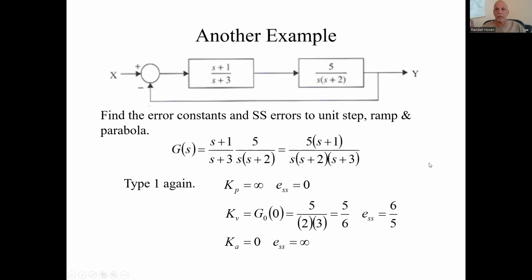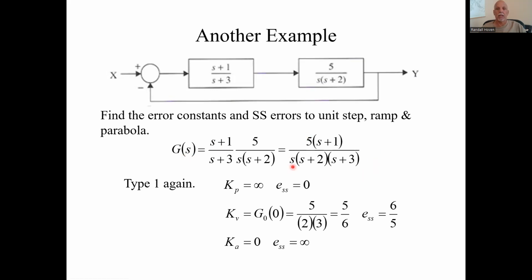Do this, and then we'll do another video after this. Okay, let's see. Here's the block diagram. It is unity feedback configuration. So all we need is this forward path gain, which is the product of both these boxes. Find the error constants and all the same stuff for a unit step, ramp, and parabola. So the forward path gain is that product.